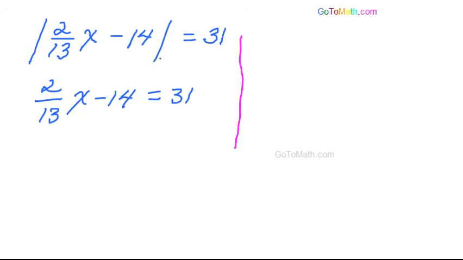And so we drop the absolute value bars, 2 over 13, x minus 14, except this time, remember we multiply through by negative over here on this side, which doesn't make much sense, but just follow me. We never did really go over what the definition of the absolute value is.